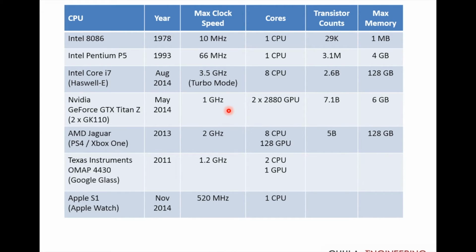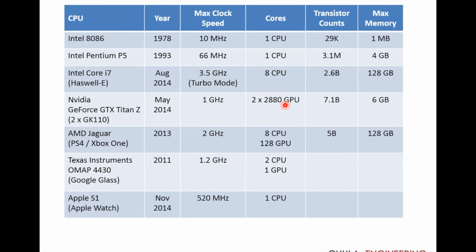Interestingly, the clock speed is much slower than the Core i7. However, it has lots more cores. For example, the GTX Titan series has 2 sets of 2,880 GPU cores, compared to the Core i7 which has only 8 cores. You see that the GeForce has many more cores.